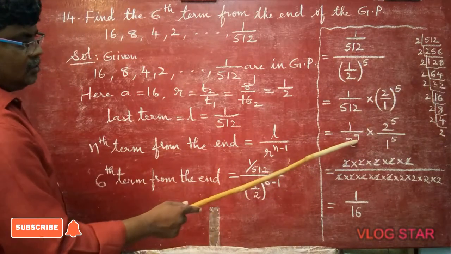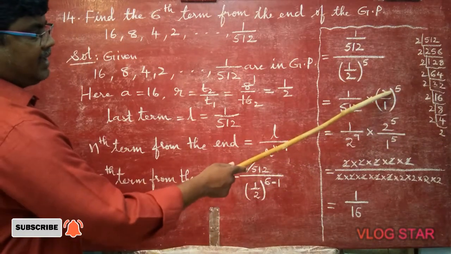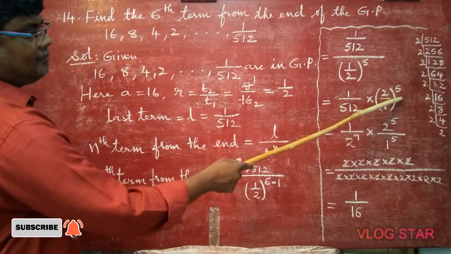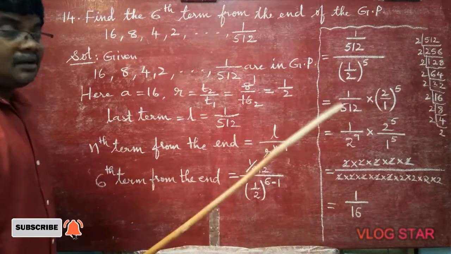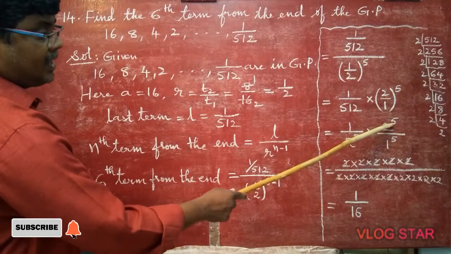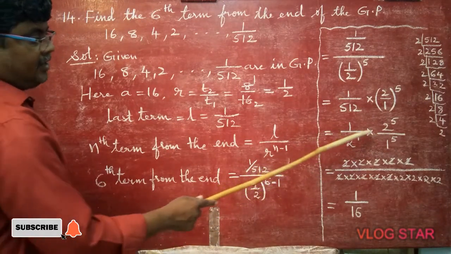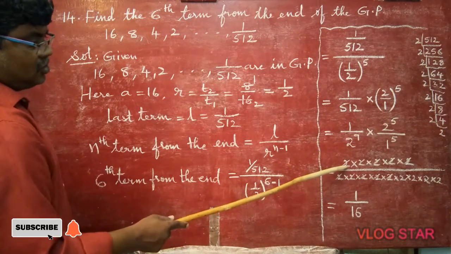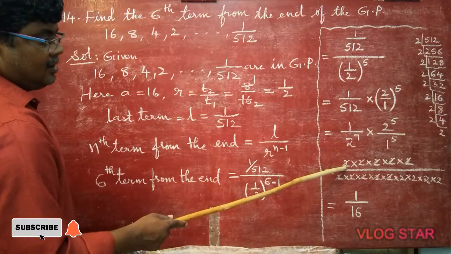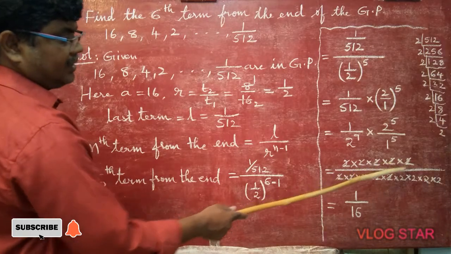So, 1 by 2 to the power of 9 into, now (a by b) whole power m is a power m by b power m. Mention all these formulas. 2 to the power of 5 divided by 1 to the power of 5. Now, 1 into anything is the same, so 2 to the power of 5 only. 2 to the power of 5, how many times are you going to write 2? 1, 2, 3, 4, 5.